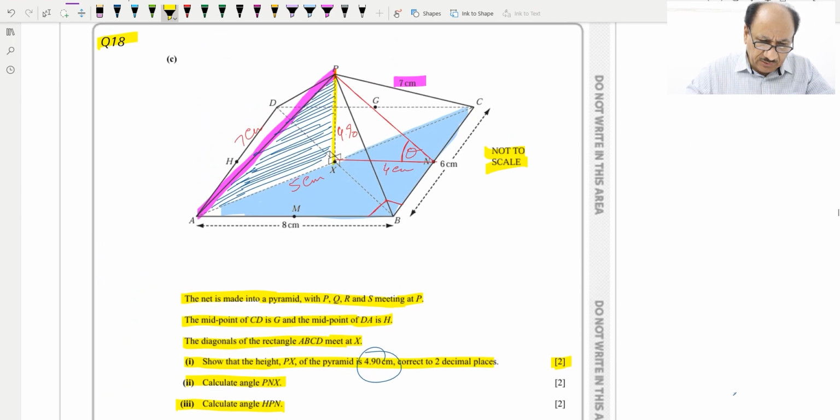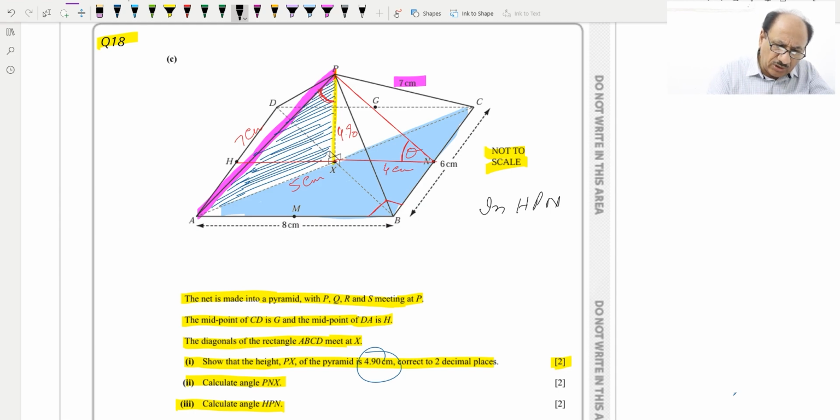So HPN, we can check where is HP and N. Okay, HPN we need to join basically this one. HPN is this angle which is required, the top angle. So in triangle HPN, we can take opposite will be 4 centimeter and the sides will be 5 and 7.